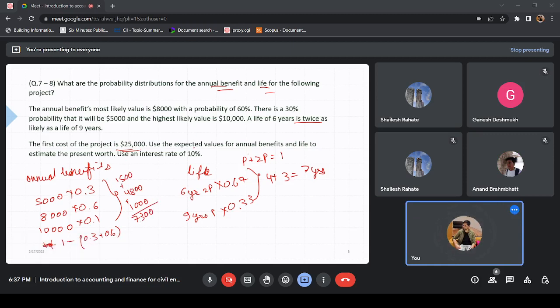Now I has been given, so estimate the present worth. So present worth would be minus 25,000 plus 7,300, P given A, for what period? For 7 years, right? That is our expected value.